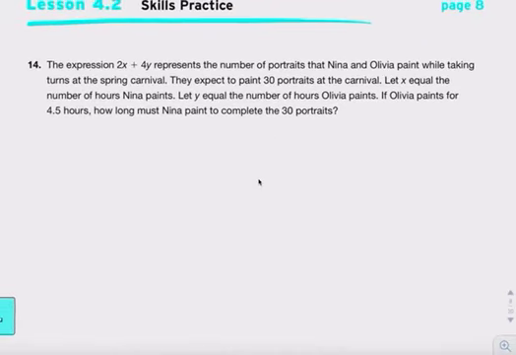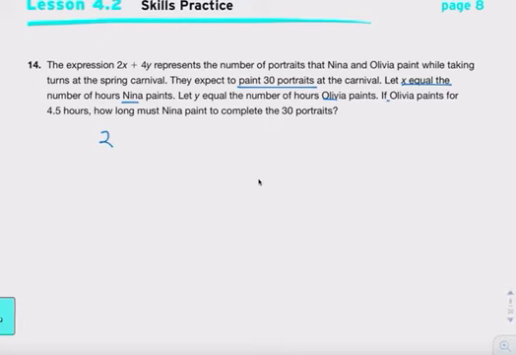The expression 2x plus 4y represents the number of portraits Nina and Olivia painted while taking turns at the spring carnival. They painted 30 portraits at the carnival. Let x equal the number of hours for Nina and y the hours for Olivia.